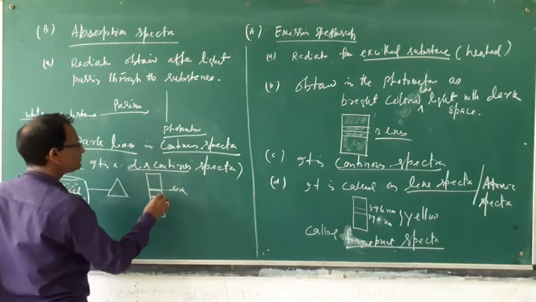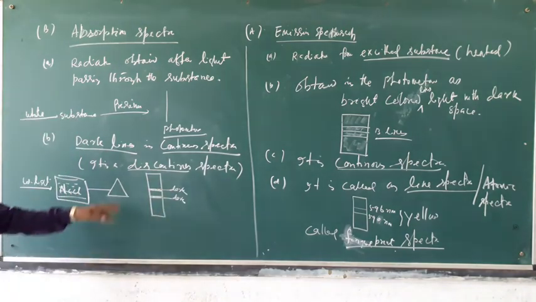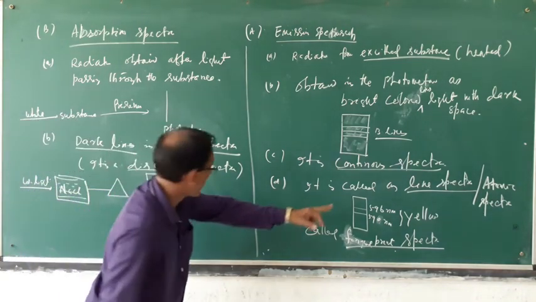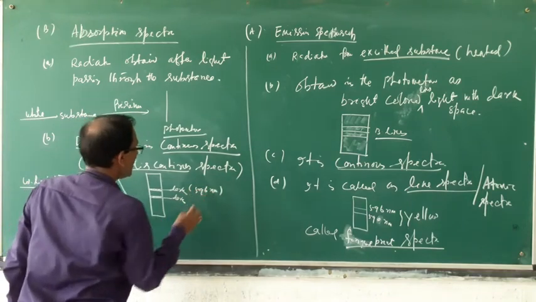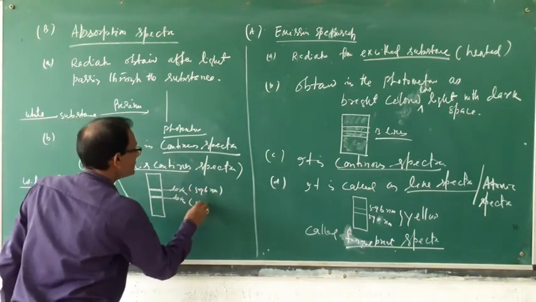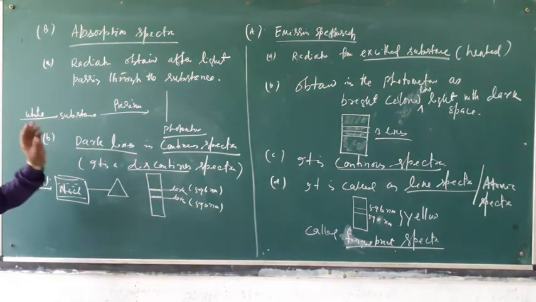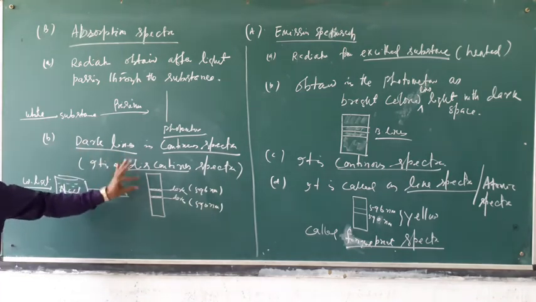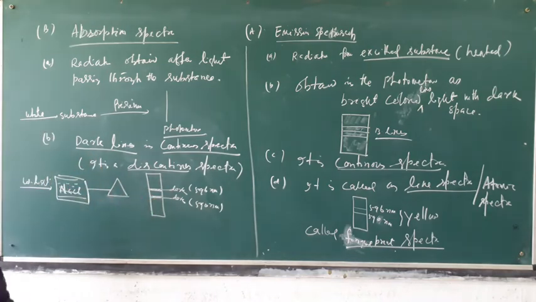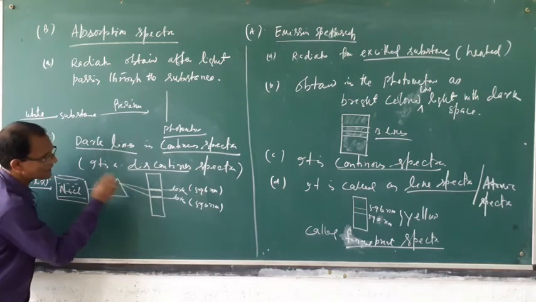Same wavelengths, 596 nanometer and 590 nanometer. At the same wavelength, at the same place on the screen, dark lines are produced. Why do they become dark?